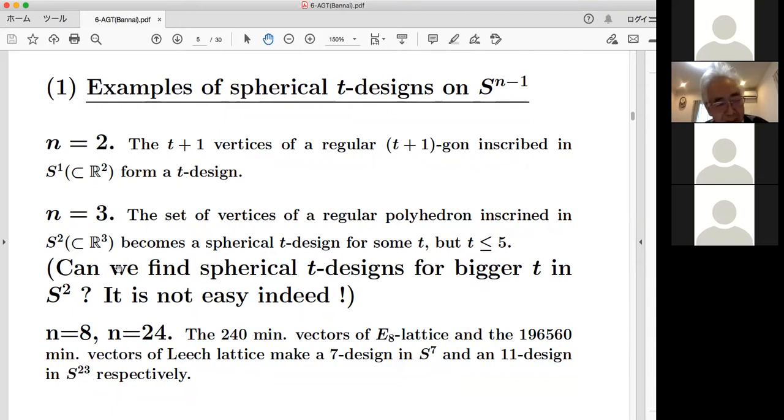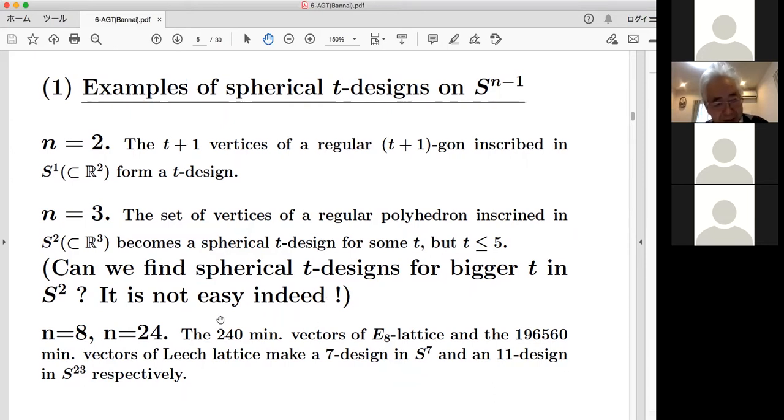So the basic question is, can we find spherical t-designs for a bigger t in S^2? This is a very simple question, but it's not so easy to answer. Actually, it is possible, but not so easy.